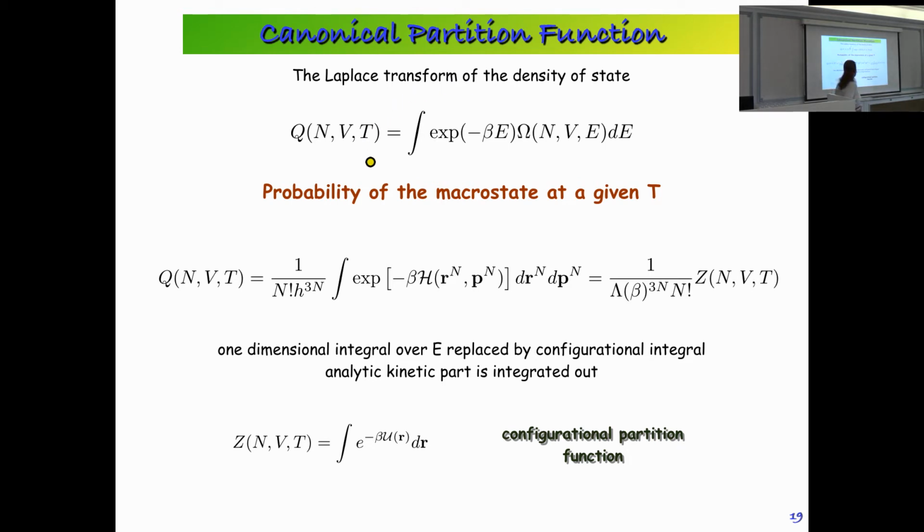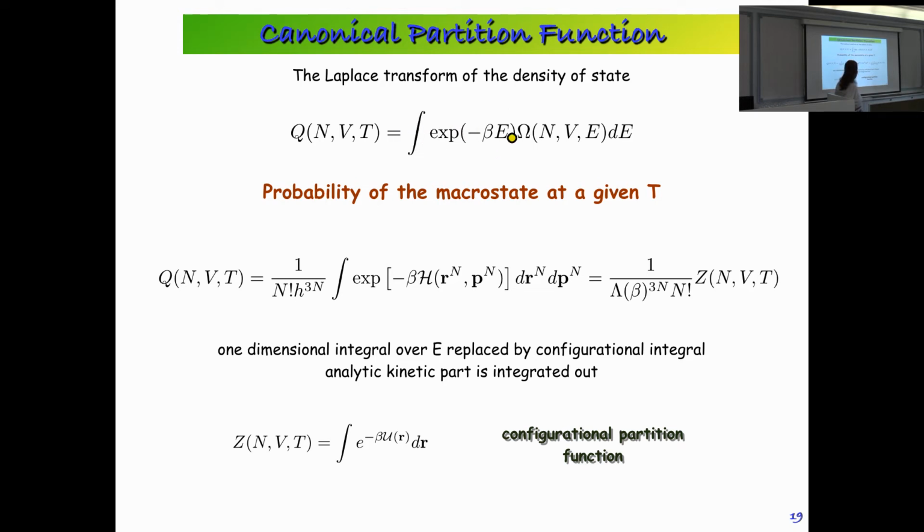So in fact here it is an integral. This is counting all configurations, the density of configurations that have the same energy, and in the canonical ensemble this is weighted by the Boltzmann factor, where beta is 1 over kT, weighting the configurations with a given energy by the temperature.